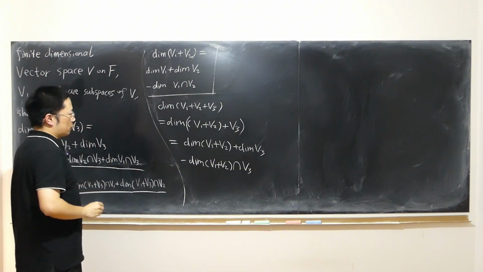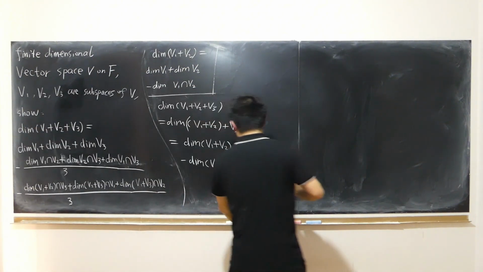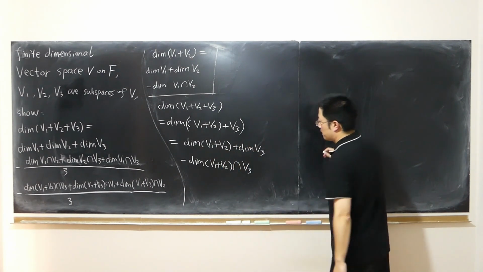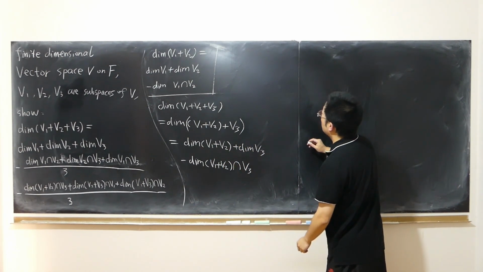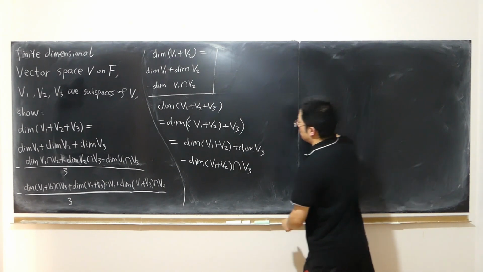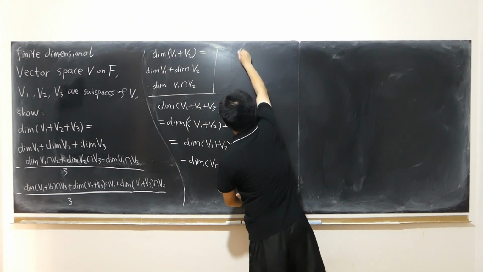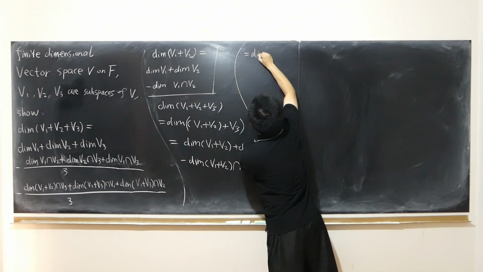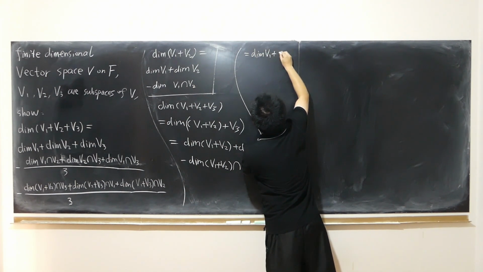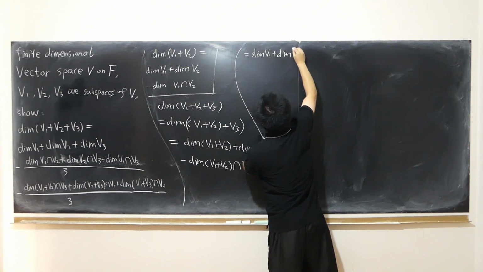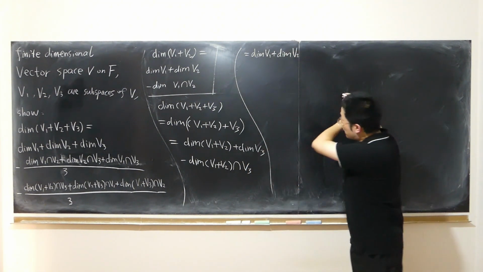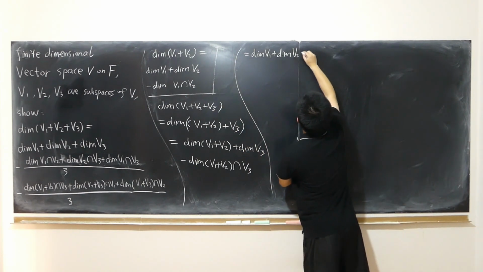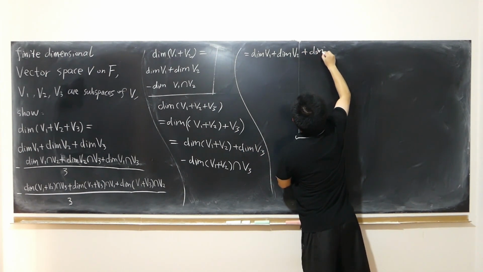And of course, break down this dimension. We can rewrite it into the dimension of V1 plus the dimension of V2 minus, of course, I'm going to copy this one down first, plus the dimension of V3.